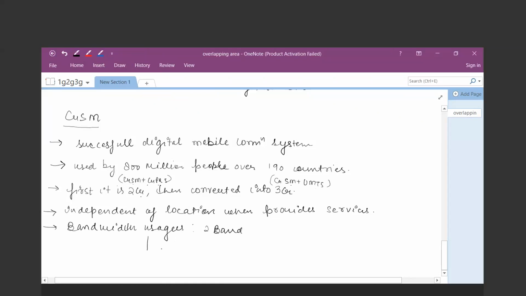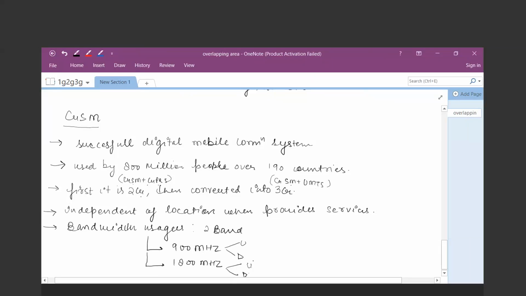The first bandwidth is 900 megahertz and the second bandwidth is 1800 megahertz. Again, the 900 megahertz is divided into two channels. The first one is uplink and the second one is downlink. The 1800 megahertz is again divided into two channels, uplink and downlink.